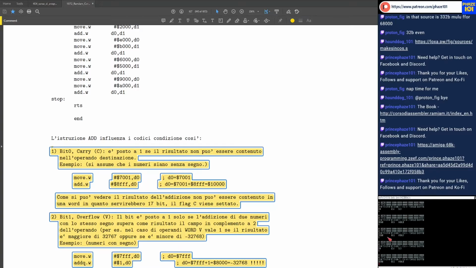Because we are dealing with signed numbers, the result depends, okay? If we are dealing with signed numbers, then we have the overflow set. But if we are not dealing with signed numbers, then the result is fine. So it depends in which mode we are working.